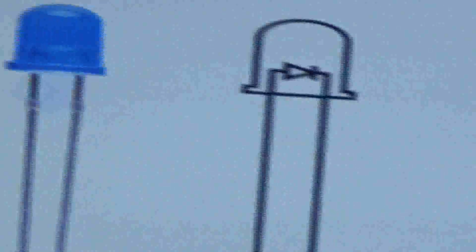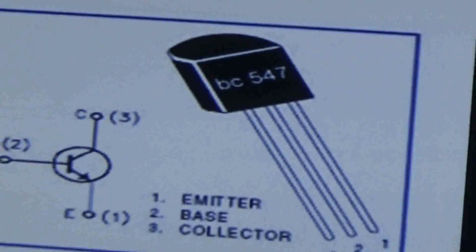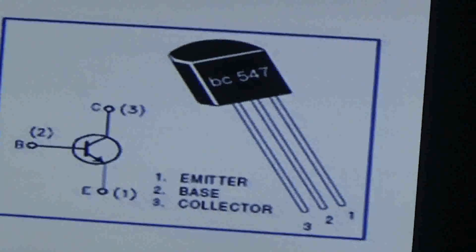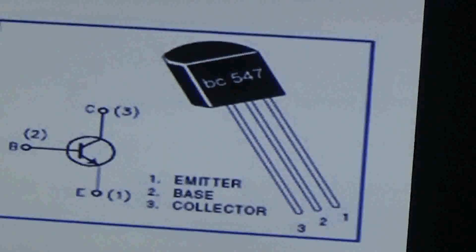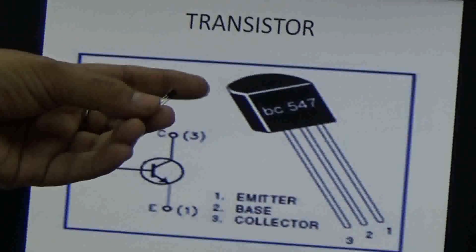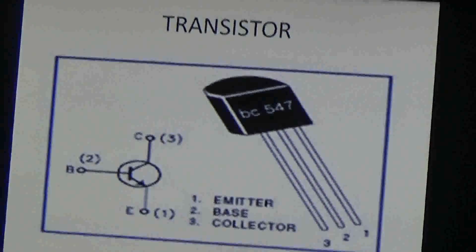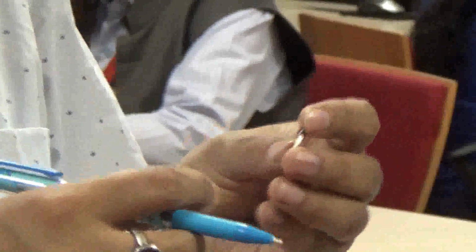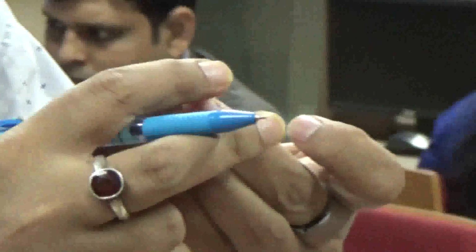Next, we introduce transistors. There are two types of transistors, BJT and MOSFET. First of all, we introduce the BJT. This is the BC547 transistor. We know a transistor is a three-terminal device: emitter, base, and collector. There are two surfaces, one curved and the second plane.